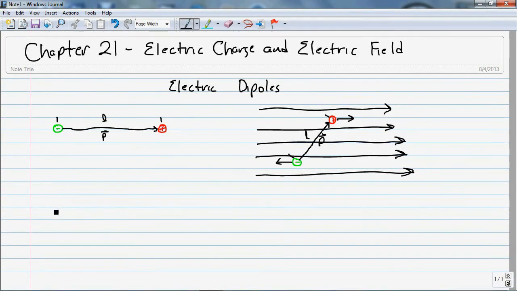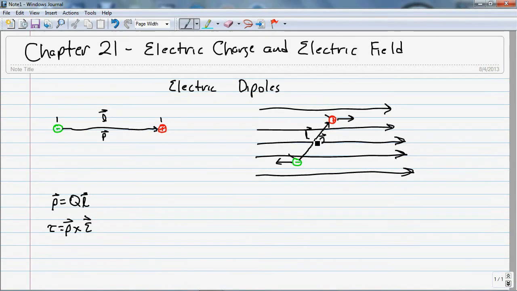So we define the dipole moment equal to Q times my L vector. So we can consider this a vector with direction. And torque, because once we get this action of two forces working in opposite directions around a center point, the torque is going to be equal to the dipole moment cross product with the electric field.